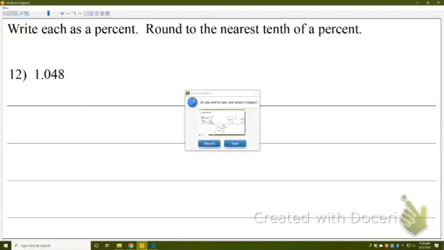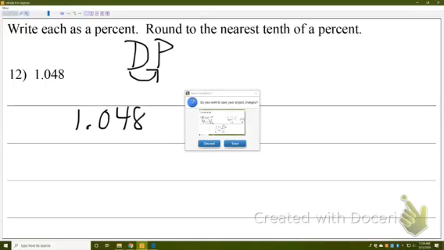I don't think you really need many of these, but DP, decimal to percent would go this way, and you move it twice. So if it's 1.048, I move my decimal twice, and my final answer would be 104.8%.